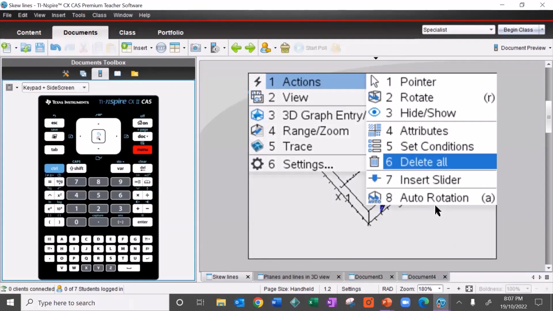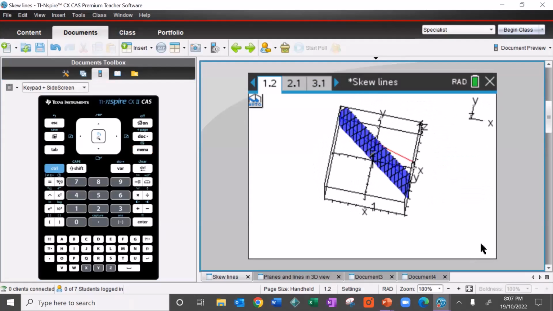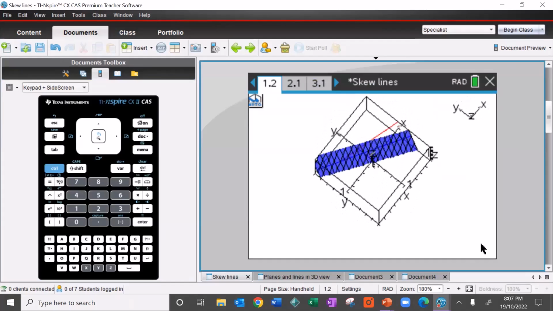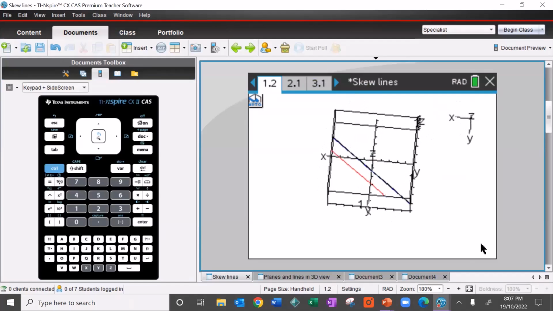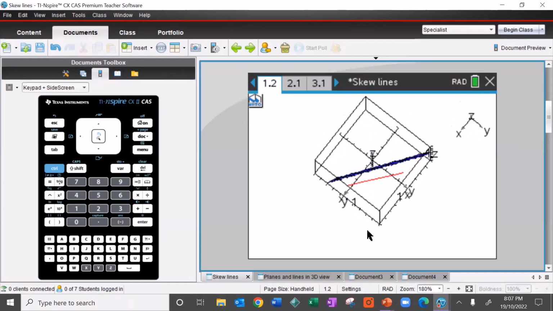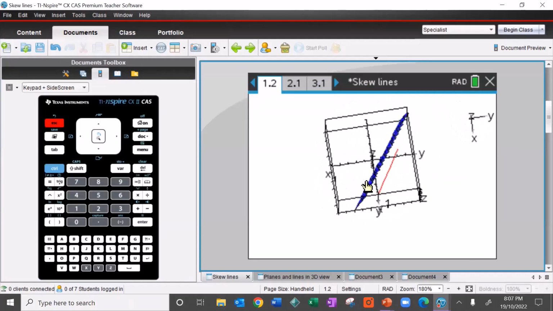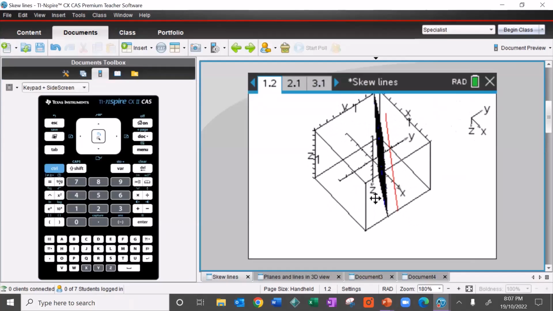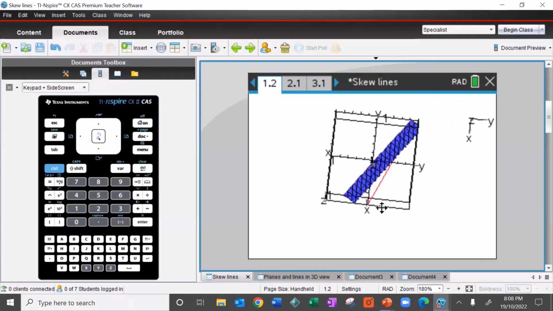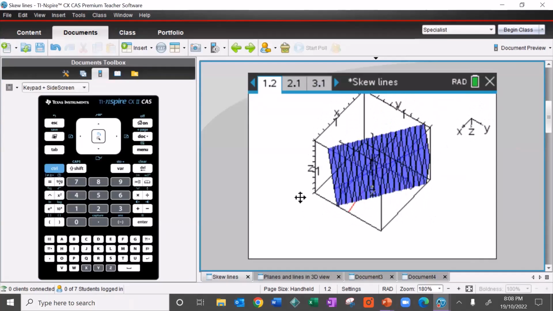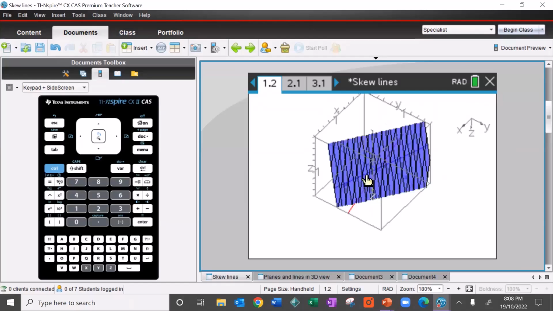So if I do auto rotation in various positions, there is this blue line and blue plane, so it's not that well visible. So it's probably actually better to rotate it to see that one of the lines lies there and the other one is a skew line.